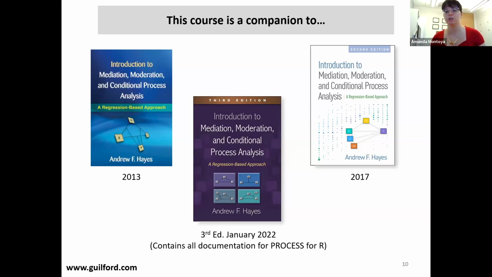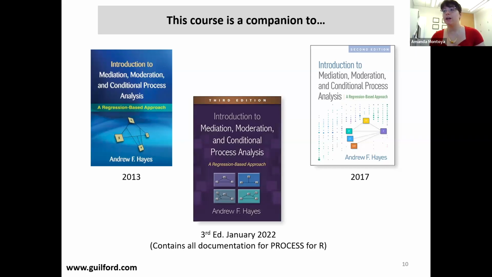The R version was released in 2022. I guess that's like 2 years ago now, so maybe not very recent, but it feels recent to me. The editions have really grown quite a lot as they've been released. So I highly recommend using the third edition, which is a really wonderful book.